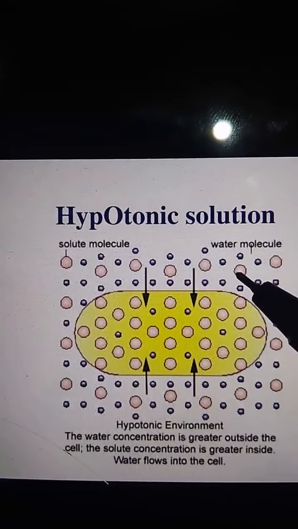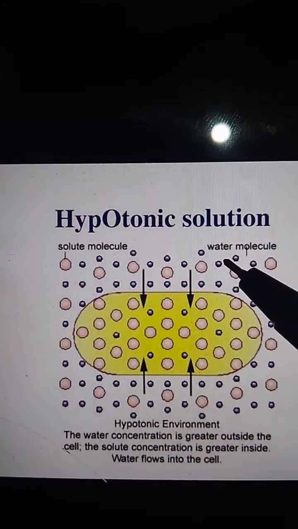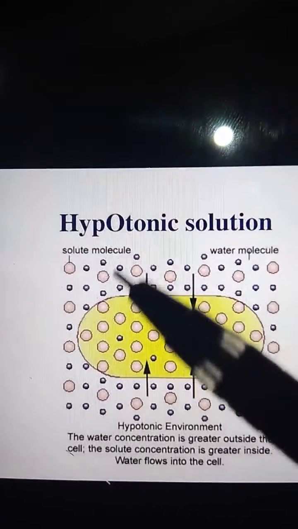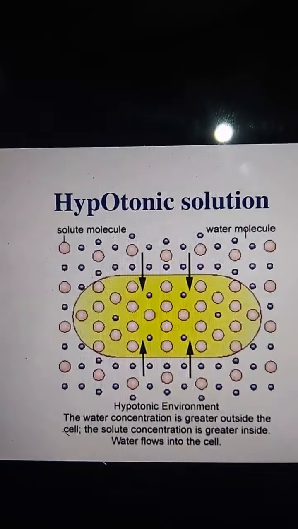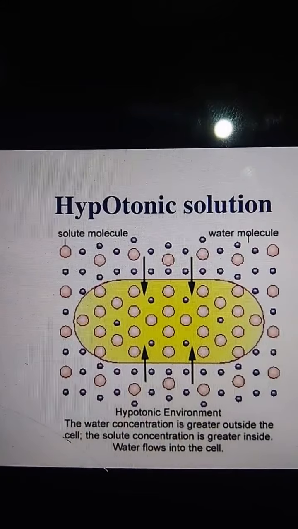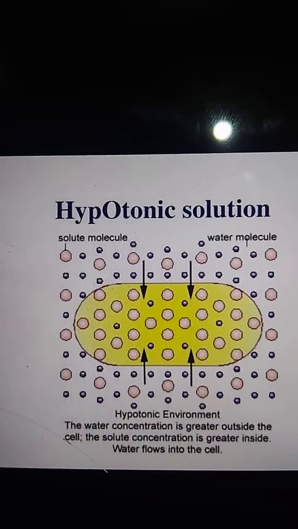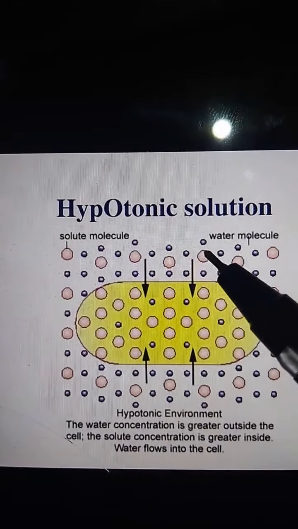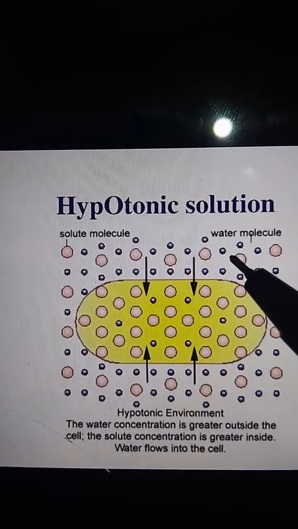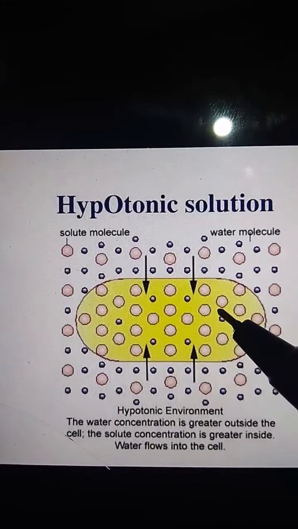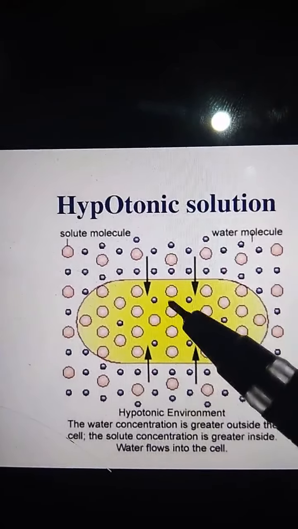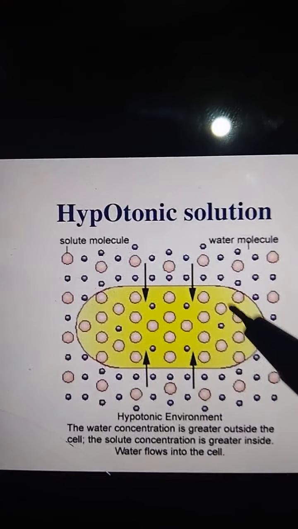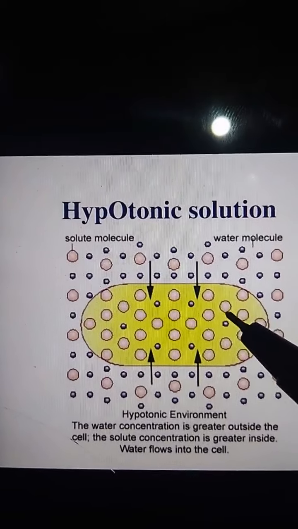And outside the cell there are a large number of water molecules and solute molecules are present in less quantity. Now we have understood the case of osmosis. Outside, the water is present in higher concentration and inside the water is in lower concentration. Then the water will start moving inside the cell, and this cell will swell up, right?